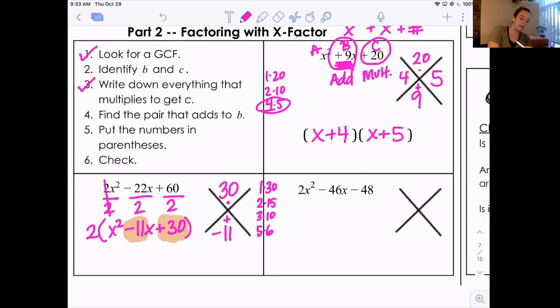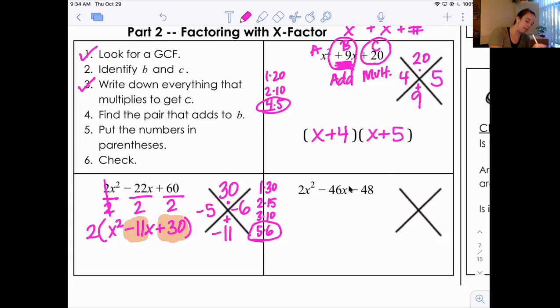So I can see the only ones that would let me get to 11 are 5 and 6. And I need to get to negative 11. And I see in the chat that Jennifer has told me it needs to be negative 5 and negative 6. Absolutely. Negative 5 times negative 6 gives me positive 30, and negative 5 plus negative 6 gives me negative 11. A negative and a negative added together is a bigger negative.